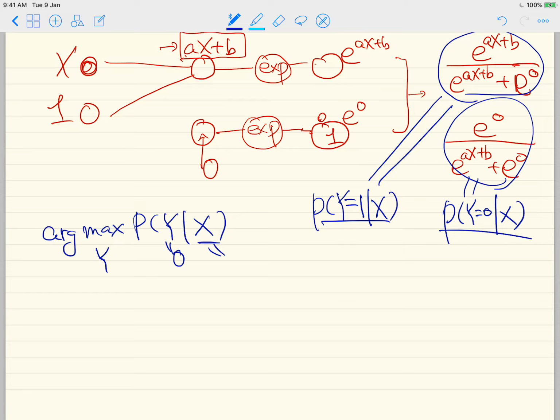You can think of it as x being 160 centimeters, and whether it is a male or a female, or we consider the probability of 1 when given x is equal to 168. So we consider these two probabilities, formulated as this and this.